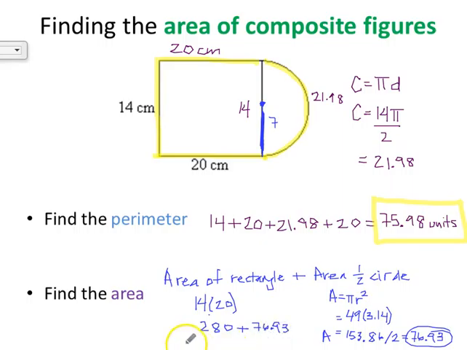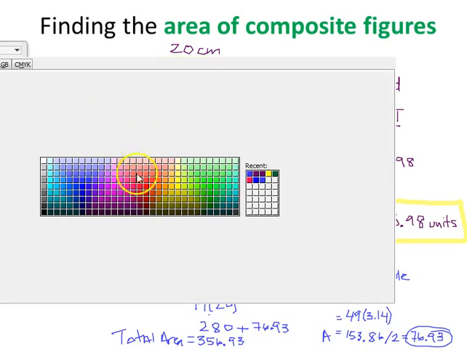When we add those two numbers together, we find the total area, or our composite area, is 280 plus 76.93, and we get 356.93. That is the total area of the composite figure.